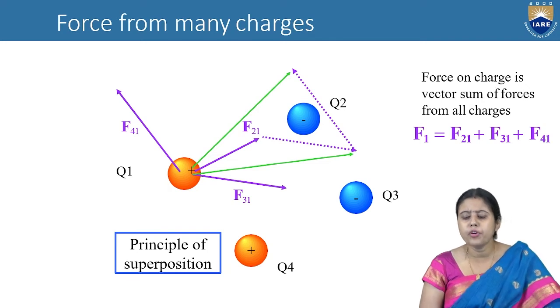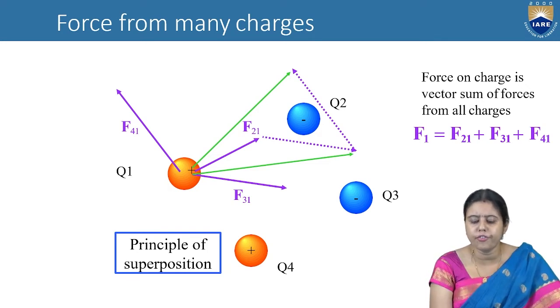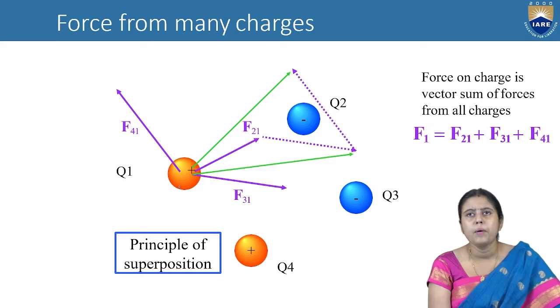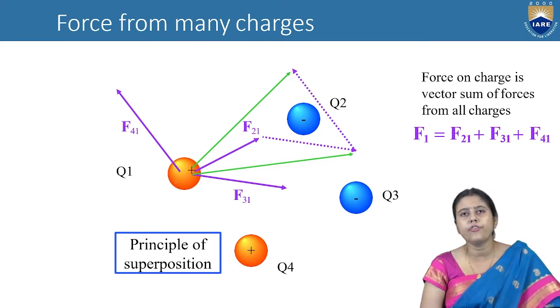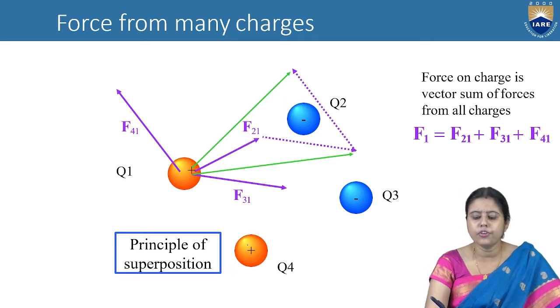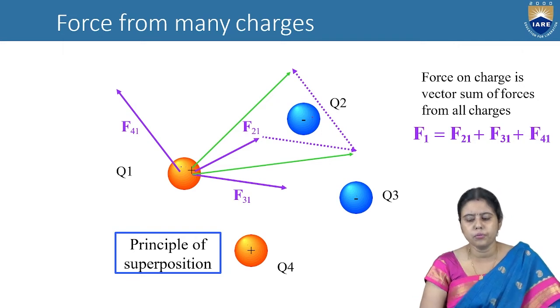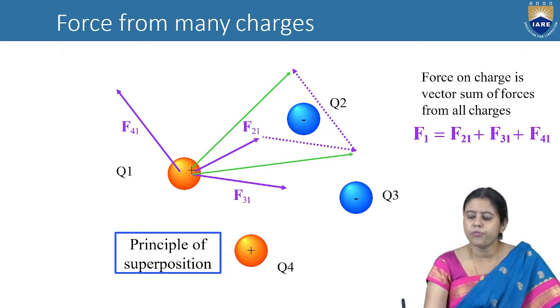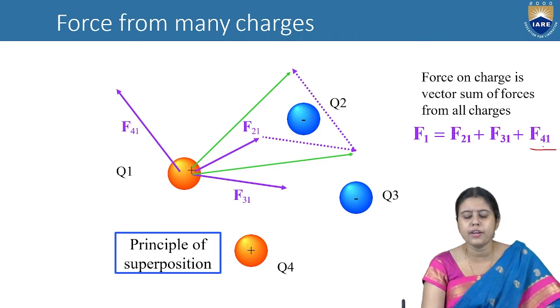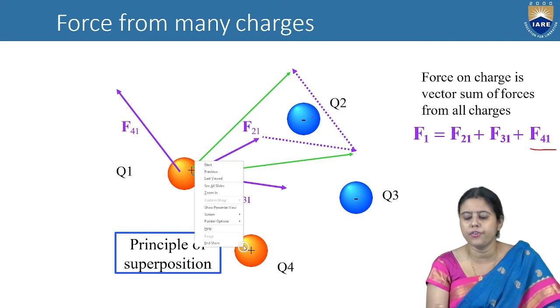If we want to calculate the force on the first charge Q1, what are the forces acting on it? The force due to Q4 plus the force due to Q3 plus the force due to Q2. Force 41 means the force on 1 due to charge 4.